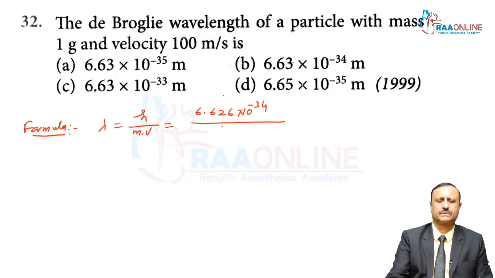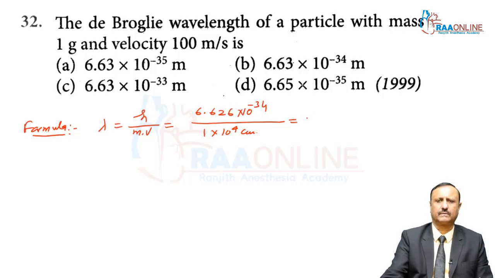Your mass is given, that is 1 gram, and this is 100 meter per second. So, my dear students, it is converted to centimeter. So, it is called 1 into 10 to the power 4 centimeter per second.